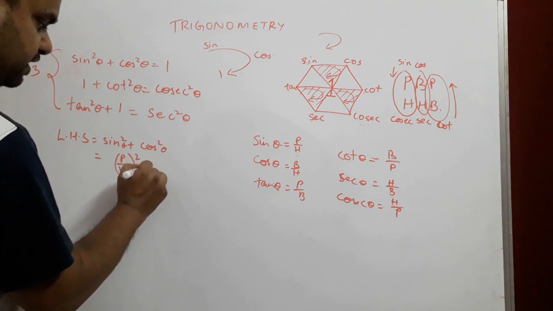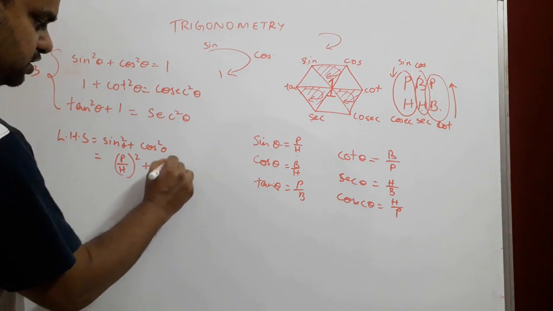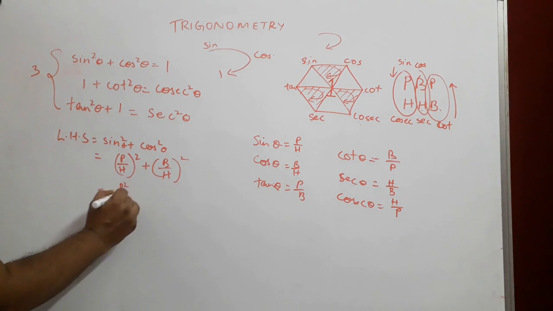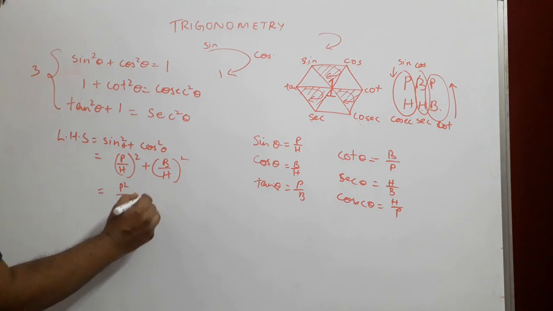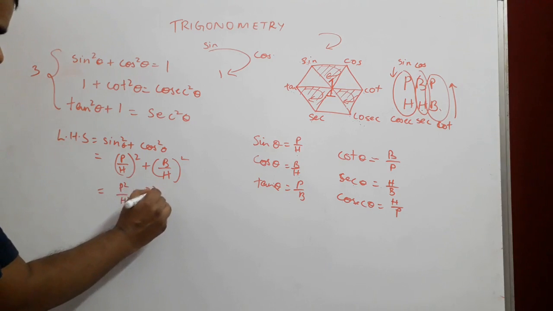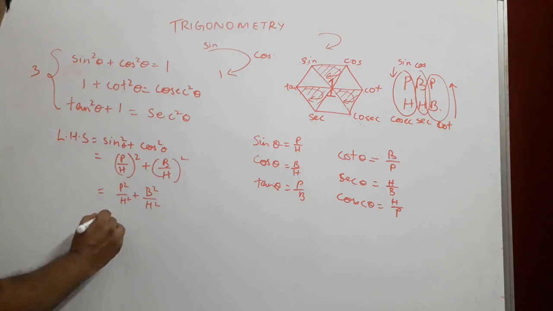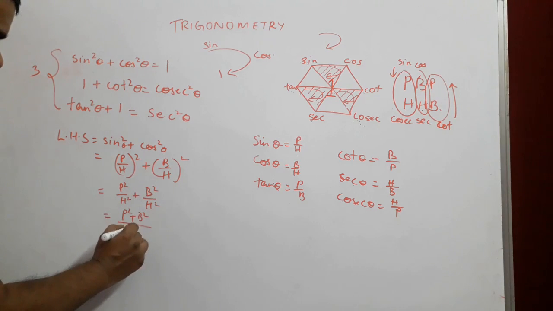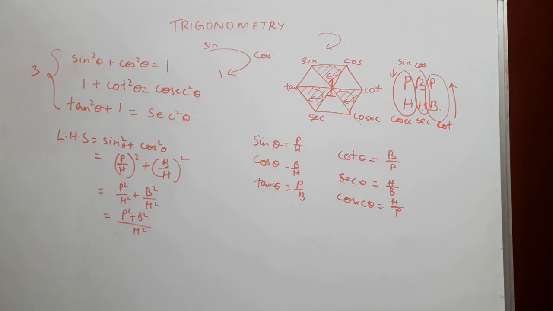Sorry, this is addition sign in between, B upon h whole square. Now we'll get P square upon h square plus B square upon h square, and we add P square plus B square whole thing upon h square. Now this is the addition.